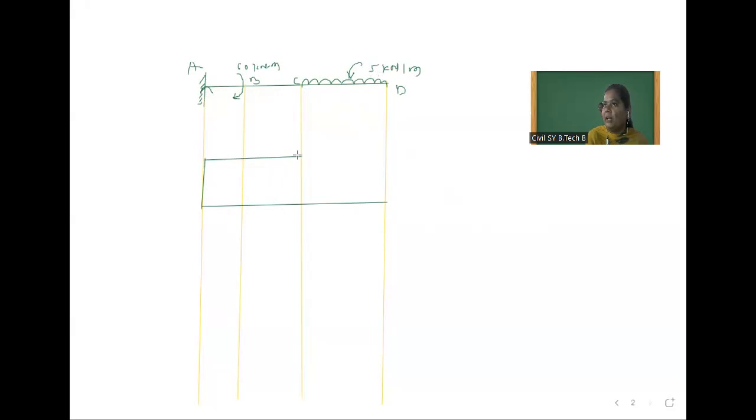So we will connect this by inclined line. Okay, so this is the shear force diagram, and whole diagram is in positive. So this is SFD. Here 10 kilonewton, here again 10 kilonewton, here also 10 kilonewton, and here 0.